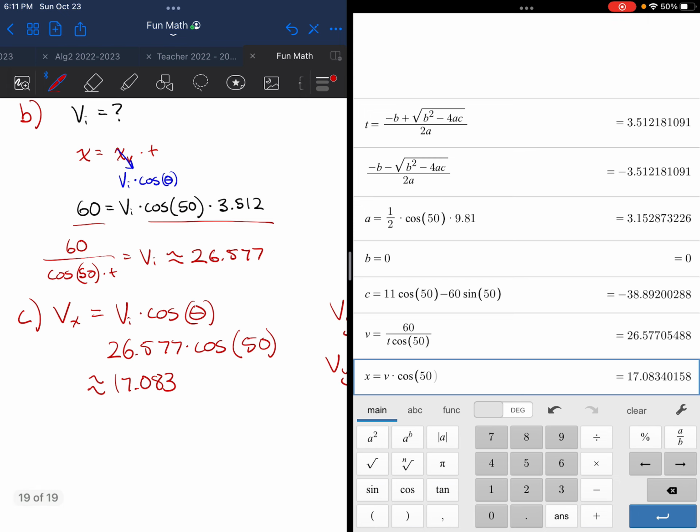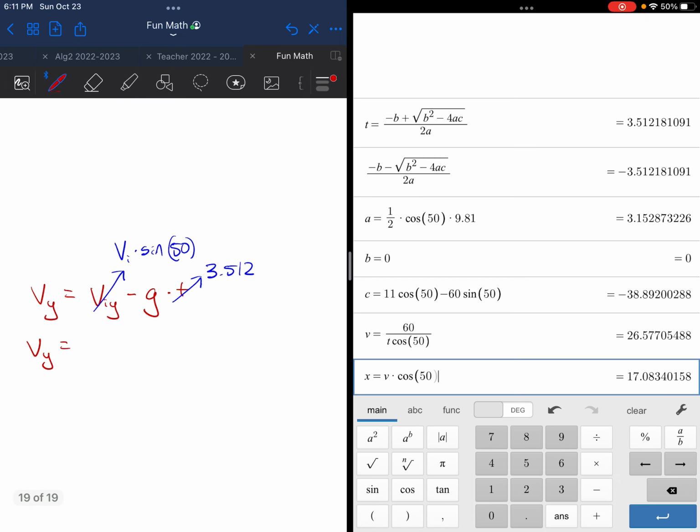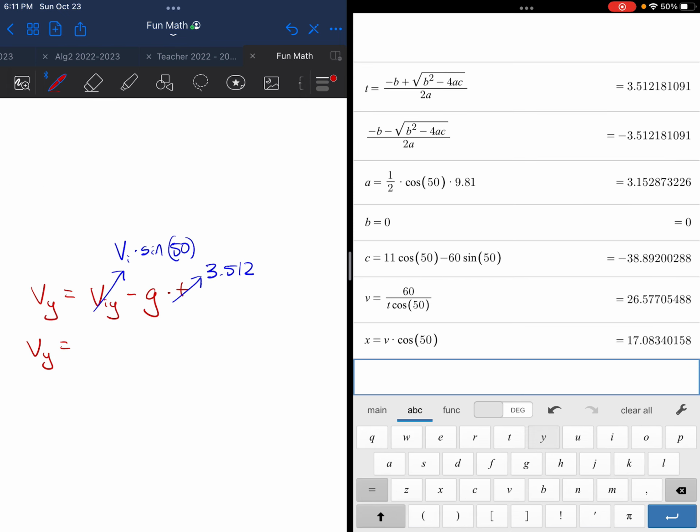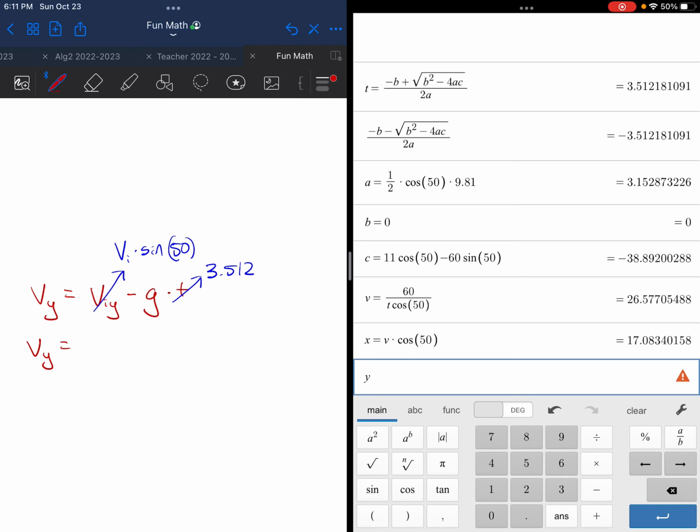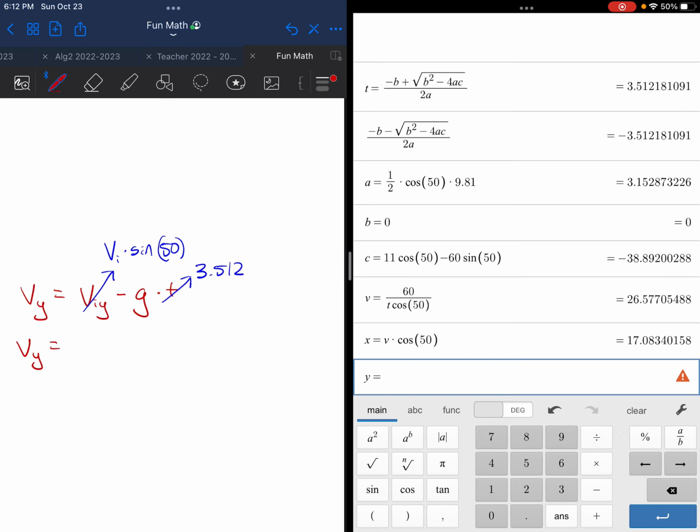Okay. And then what about our Vy? Well, that's going to be equal to, I'm going to call it y because I'm lazy. It should be the velocity of the y direction, right? I guess I'll come back up here. Our y is going to be equal to, and then what did we say for our equation? Oh, it's right there.